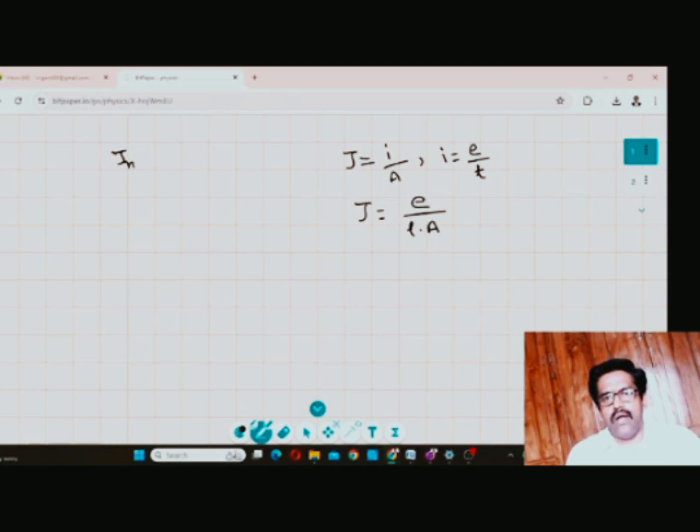If you multiply and divide by the displacement d, it equals charge per volume, since area into displacement is volume, into displacement per time. Here displacement per time is nothing but velocity, known as the drift velocity.